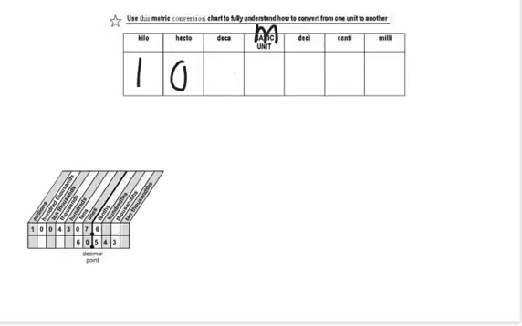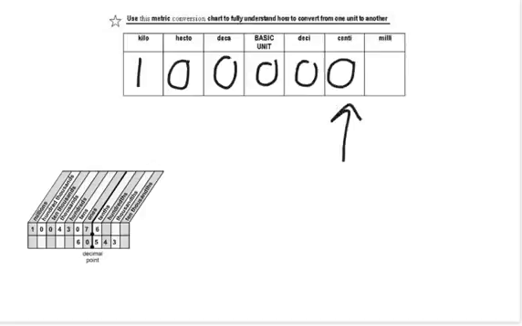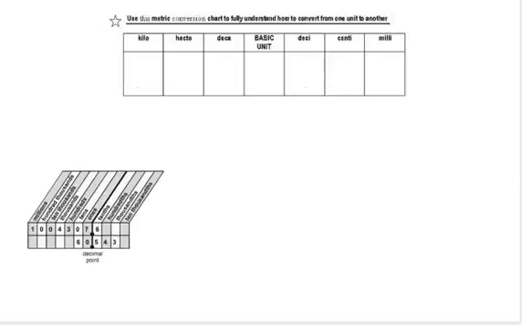So now I know that 1,000 meters is equal to 1 kilometer. I could continue and compare 1 kilometer to, let's say, centimeters. So I will add the 0. And now I stop where the centimeters are. And I realize that in 1 kilometer, I have 100,000 centimeters. Okay? That is not so difficult.